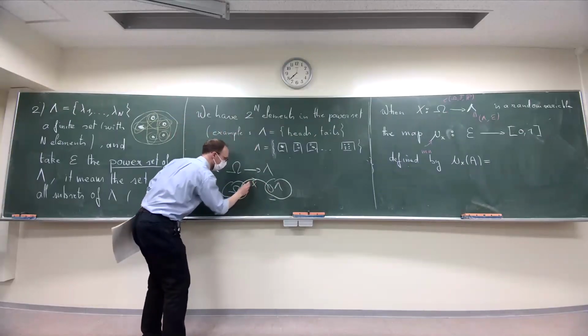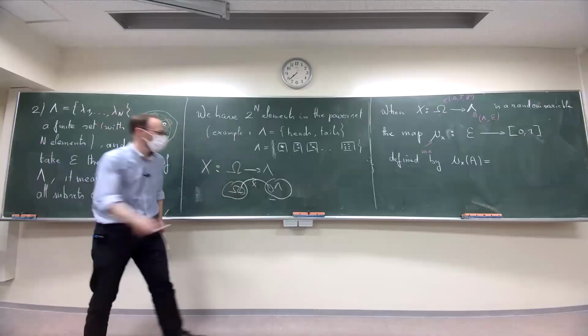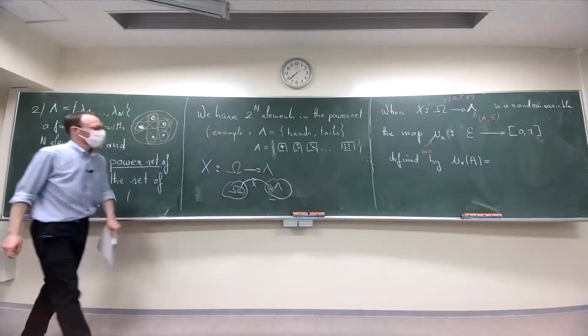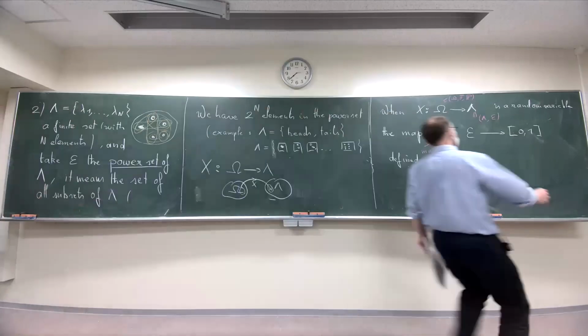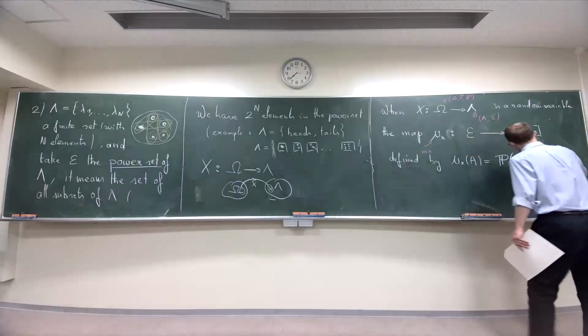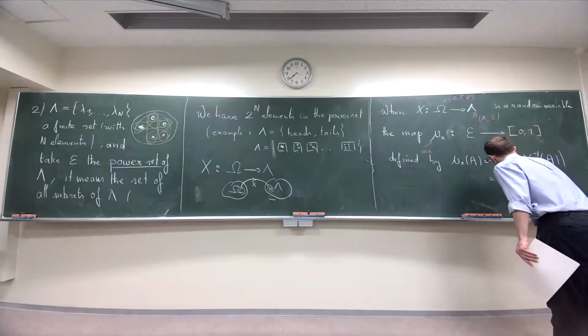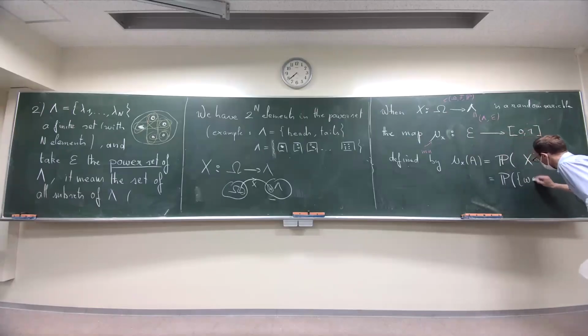So X is going in this direction, but the pre-image, X minus 1 of A, sorry for the letter A, the pre-image of A was an element of F. So the natural definition is you measure the weight of X minus 1 of A. And let me give you a different notation. This is the weight of the set of omega so that X of omega is inside A.